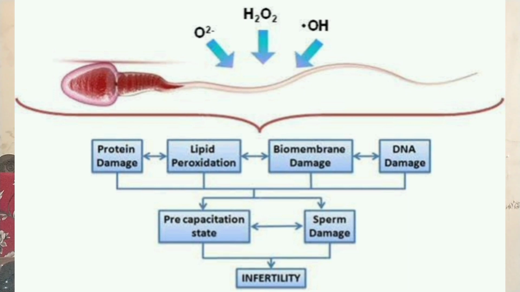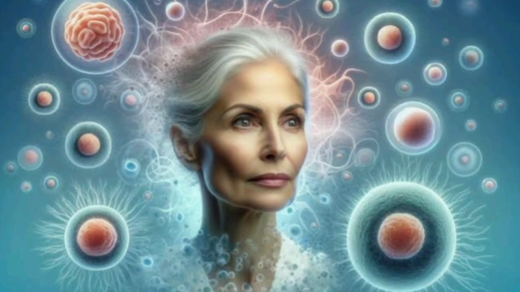So infertility is a different matter, and we will understand all of it. The important things are inflammation, oxidative stress, and reactive oxygen species, which will cause damage. Many things are possible, like aging, and aging will cause infertility anyhow.